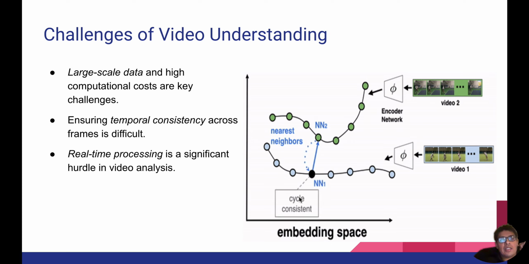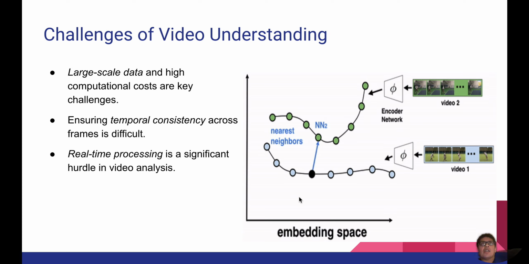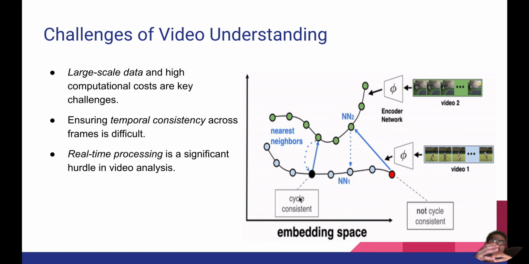Real-time processing is a significant hurdle in video analysis because real-time processing of images requires specific models. For example, the YOLO model is good at real-time processing of images while sacrificing some accuracy, which is in contrast to a network or a model like RCNN or something like Detectron.